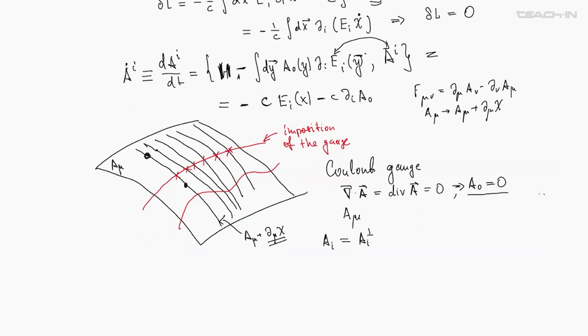The longitudinal part is a part which is proportional to a gradient of some function, let's call it psi. And the transverse part satisfies an equation that the divergence of ∂i Ai transverse is equal to 0.